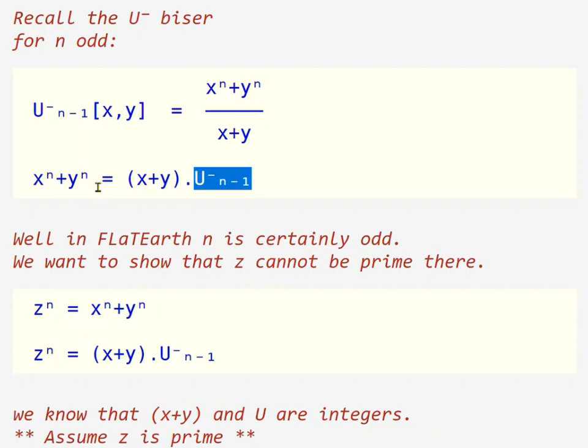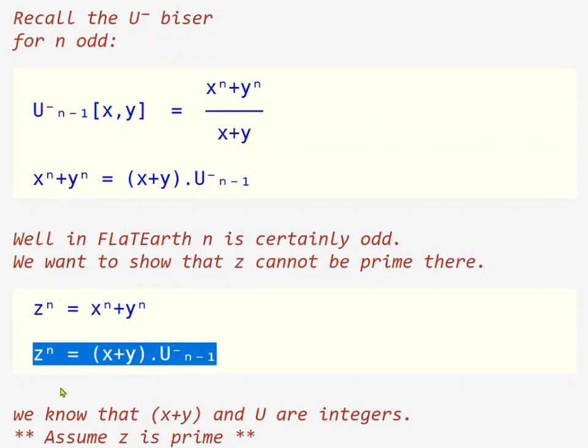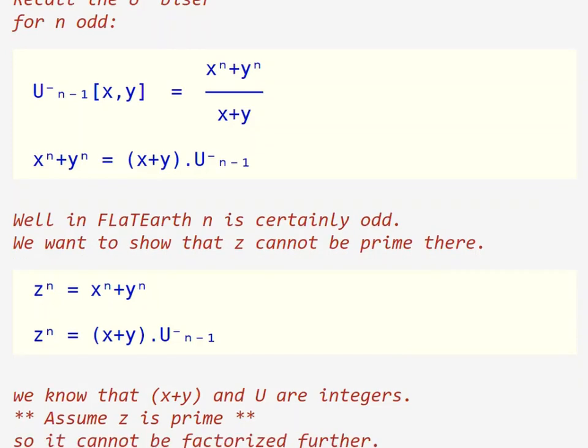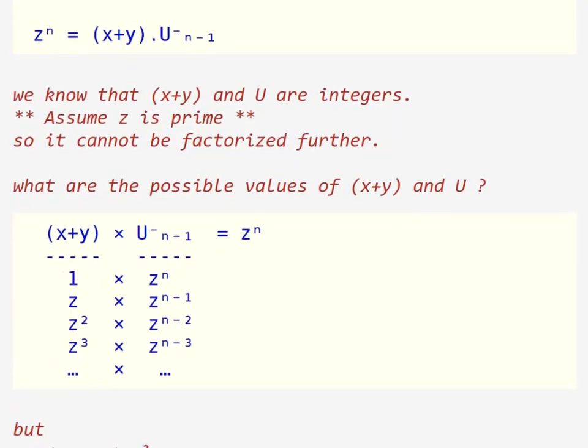So replacing this with z to the n, we have z to the n must equal x plus y times the unique Biser. We know that this and this are integers, so let's assume that z is prime.